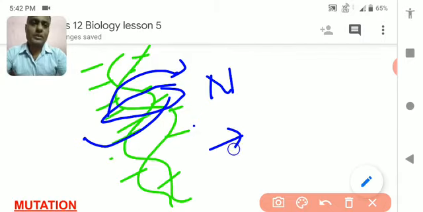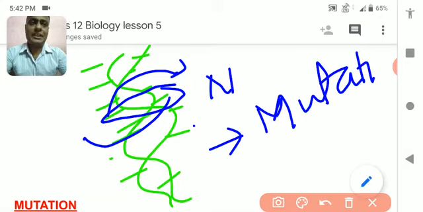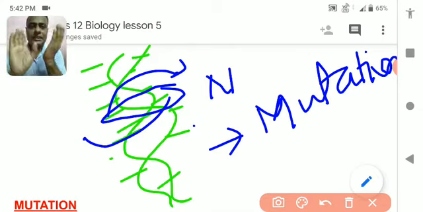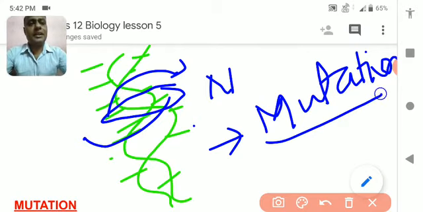It also causes mutation, meaning a change in DNA arrangement, a sudden change in the DNA. A single nucleotide just alters, and this altered DNA can also cause an alteration in character. I think you understood.